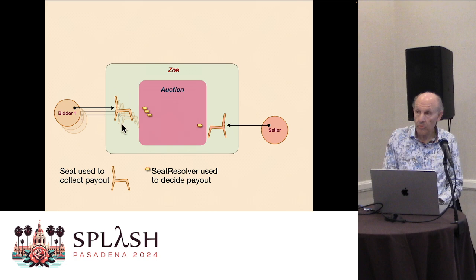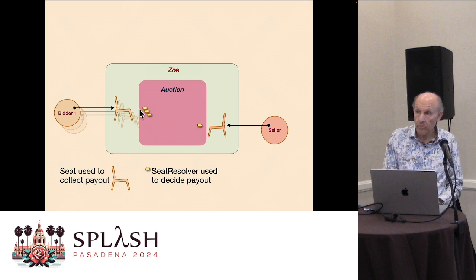So in this picture, I want to emphasize the various objects involved from an object capability perspective. The participants, the seat objects that they're using to send these messages into Zoe, once the contract is in motion, the seat object is used by the participants to get their payouts. So in other words, the seat object is the right to obtain the payout.